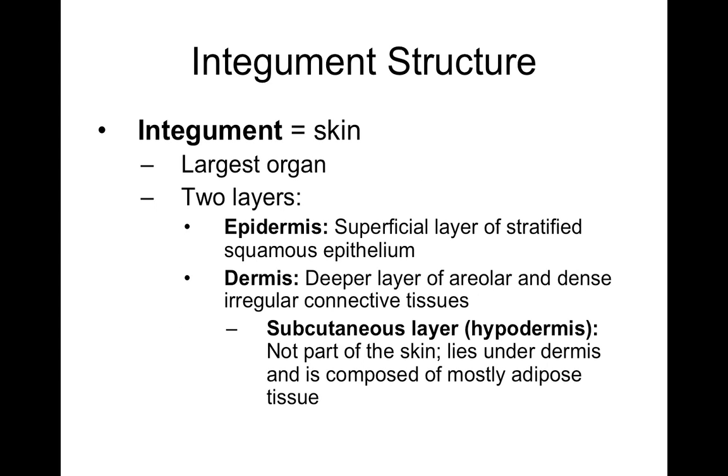Integument is skin, and it's the largest organ. And you guys ever see the mean tweets on Jimmy Kimmel? I watch them on YouTube. They're freaking hilarious, man. Basically, celebrities reading their own mean tweets about themselves.